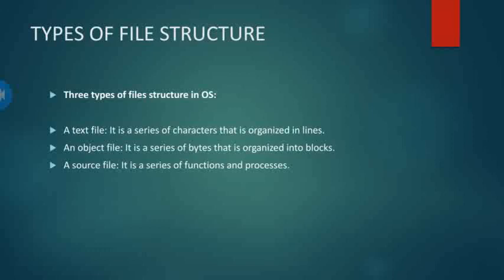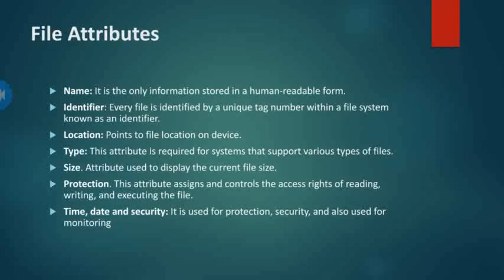In that case you have to write that there are three types of files: text file, object file, and source file. It can also be in another form like what are the attributes of a file. In case of attributes you have to write about the properties of the file, like every file must have location, size, type, date and time, name, and so on.